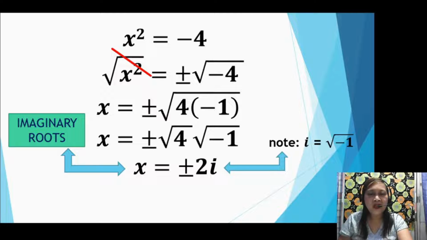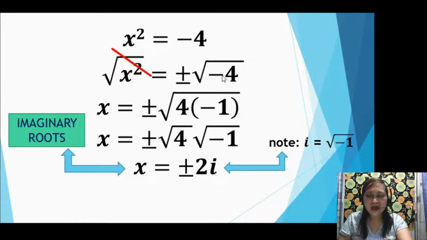But we need to apply the square root property. So we are going to take the square root of both sides of the equation x squared is equal to negative 4. Look at the example here. We will cancel the radical symbol and the 2, and the remaining value is x is equal to positive and negative square root of 4.